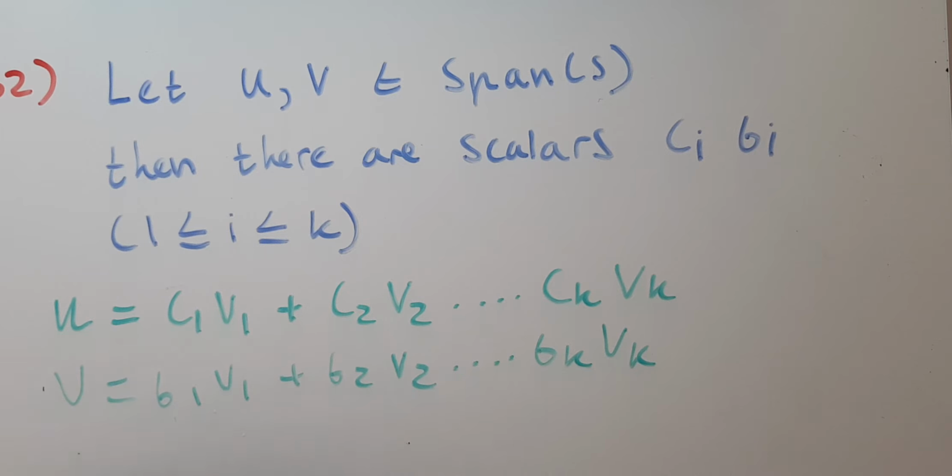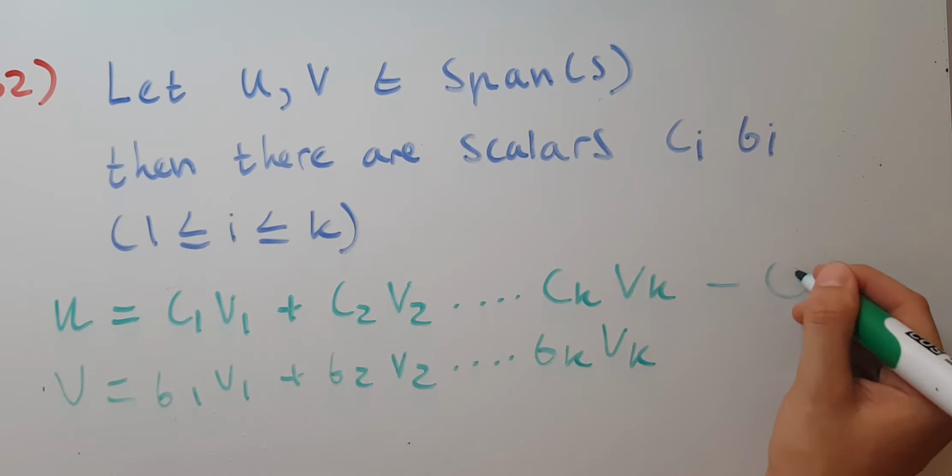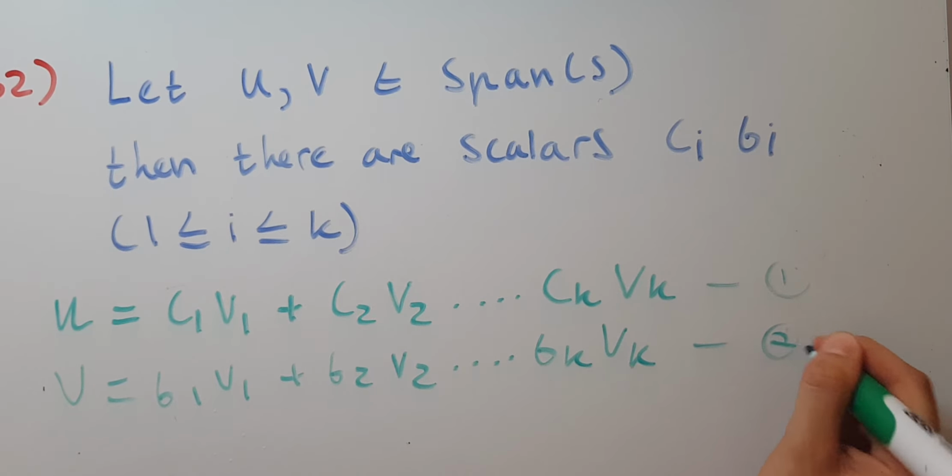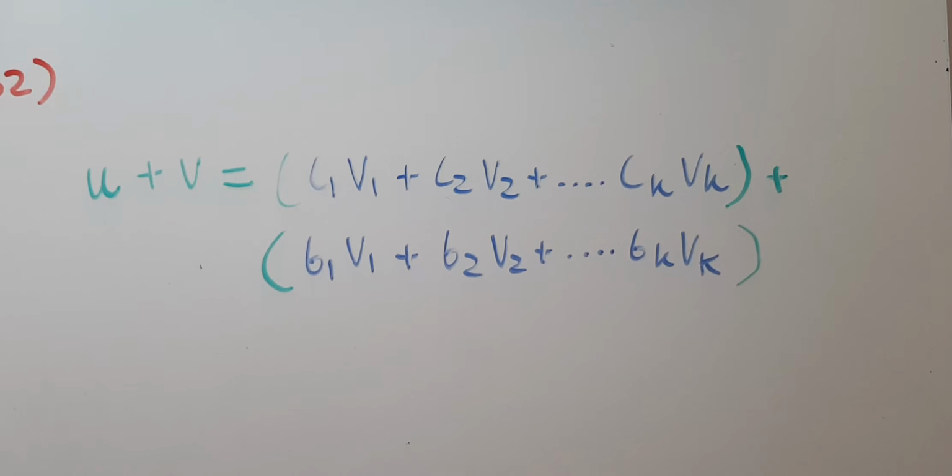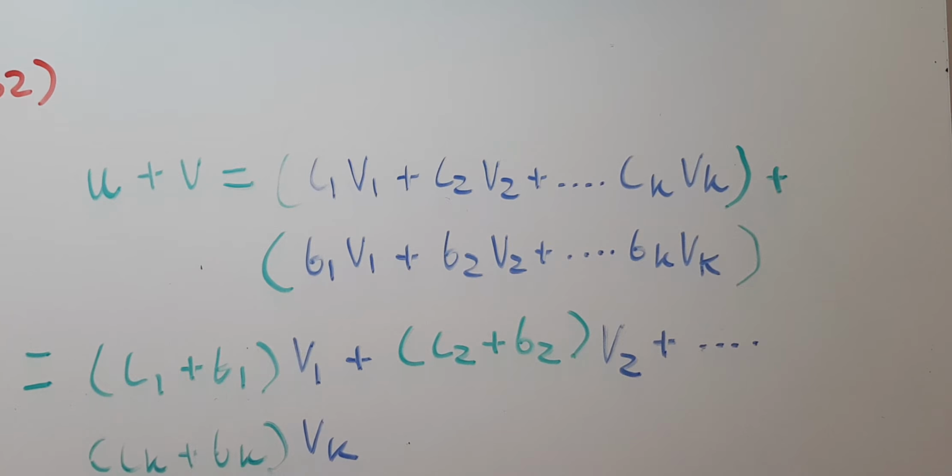And then you need to write down your first two conditions, which you should denote with a 1 and a 2. The next step is to add your two equations and then rearrange to make the statement true.